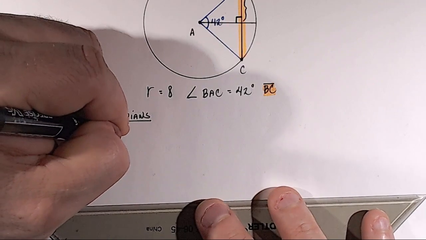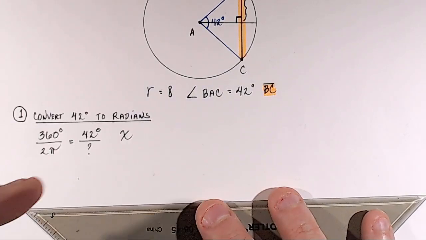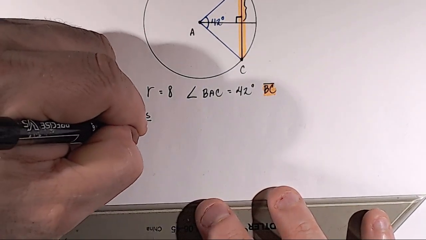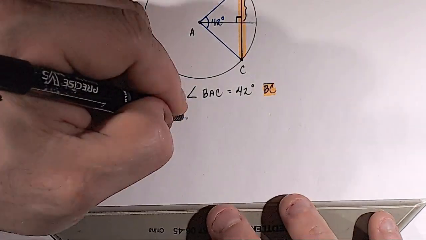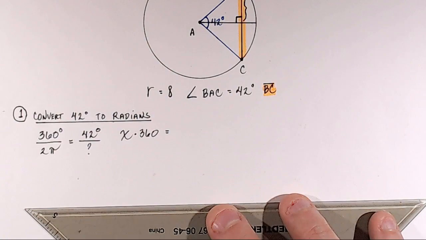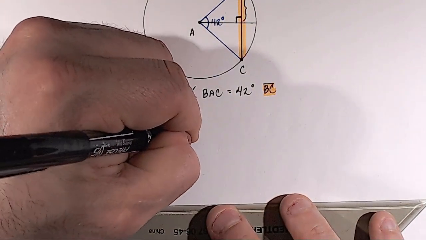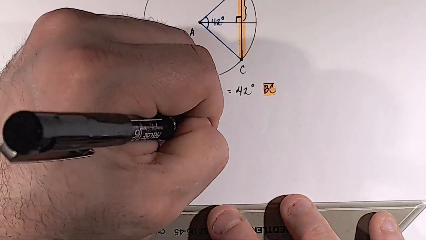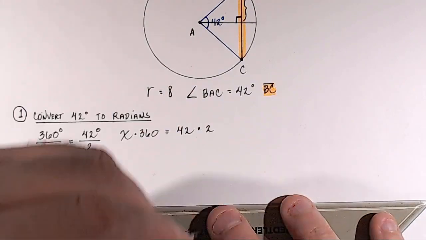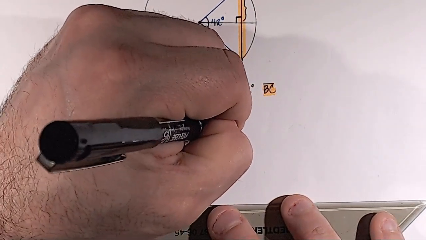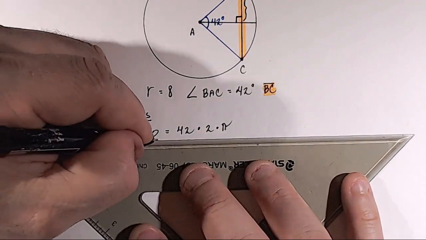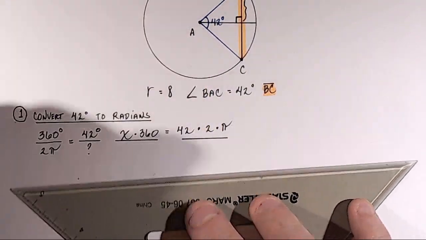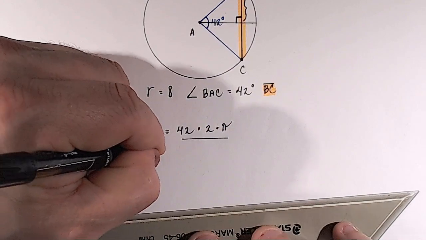So we'll substitute x for that question mark. It's a cross multiply and divide right here. x times 360 equals 42 times 2 times pi. Okay, so we continue solving for x by dividing both sides by 360.